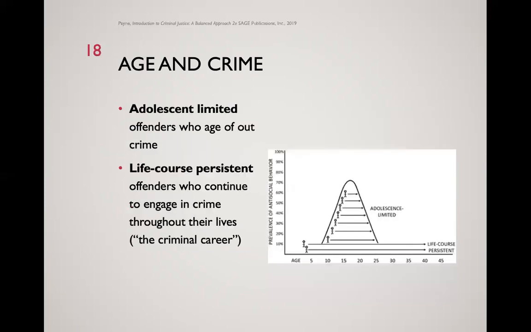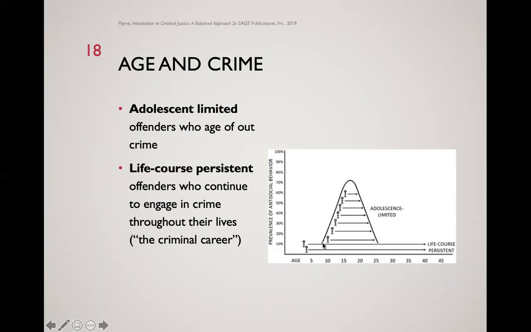All right. So there are two different identifications, I guess you could say, of criminals that are related to age and crime. Adolescent limited. So you're going to see adolescent limited is the big hump here, right?